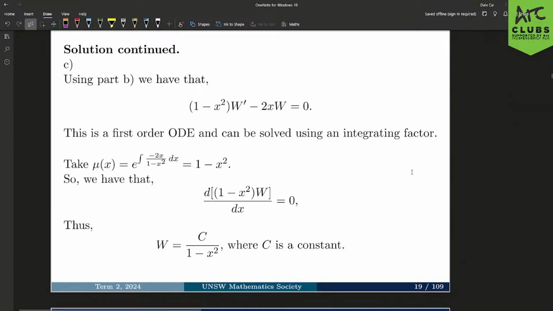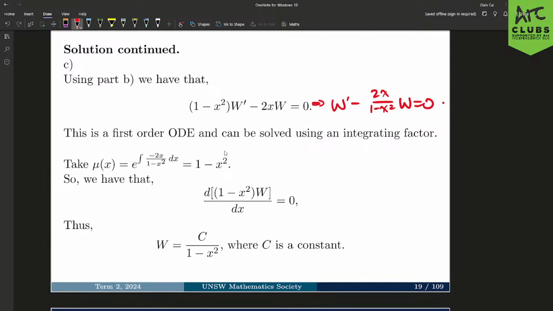So we have this equation that I just wrote. We can solve this using an integrating factor. So first we change this so that the leading coefficient is 1. So divide by the leading coefficient. Yep, so you get this.